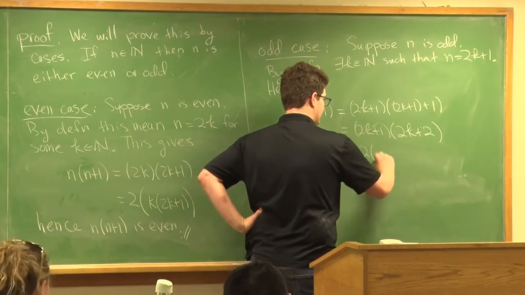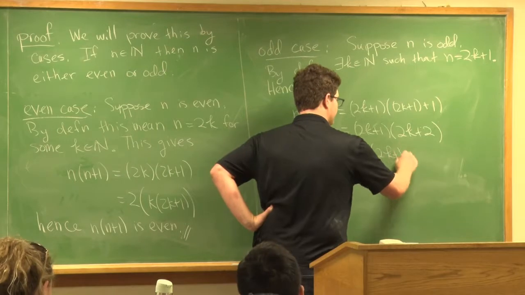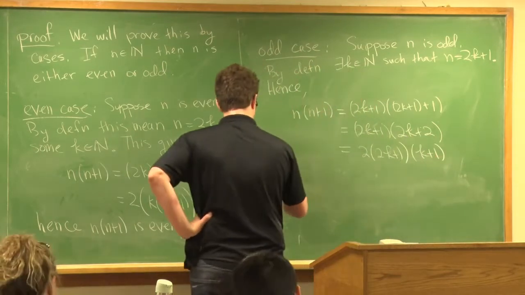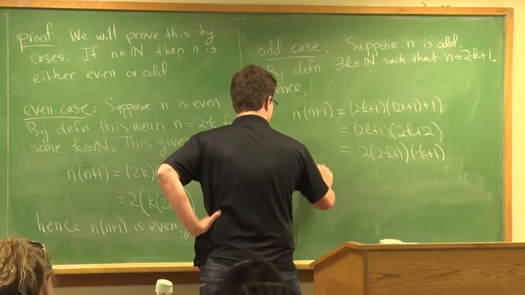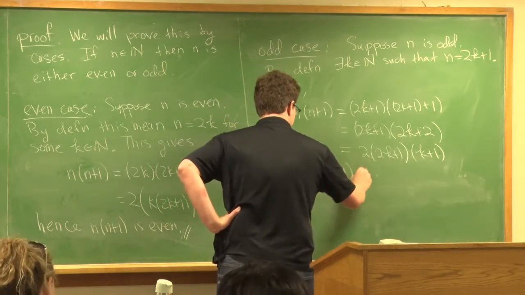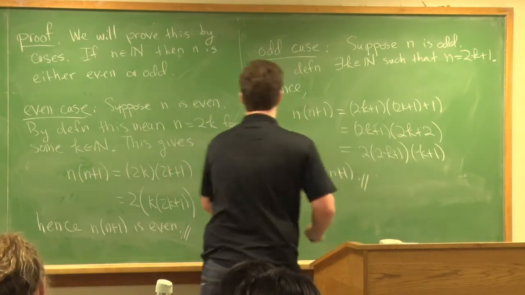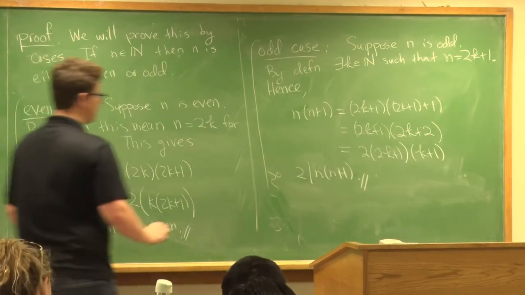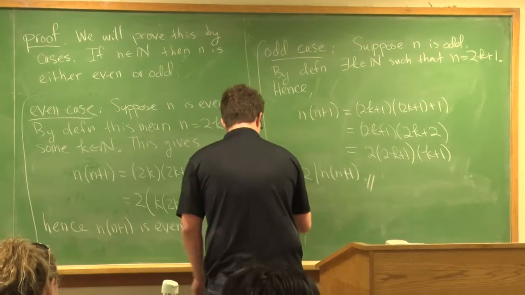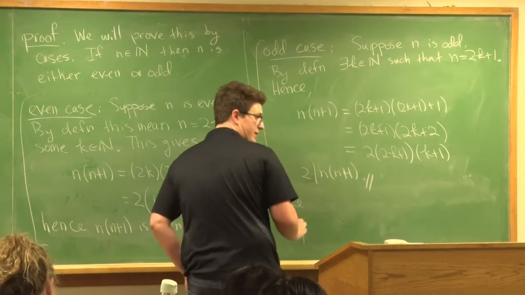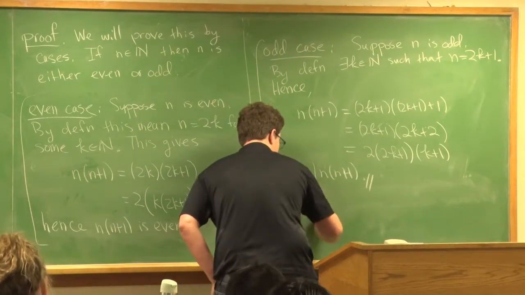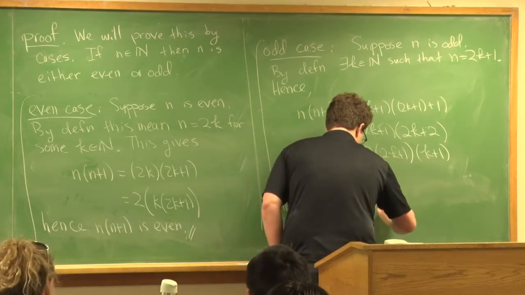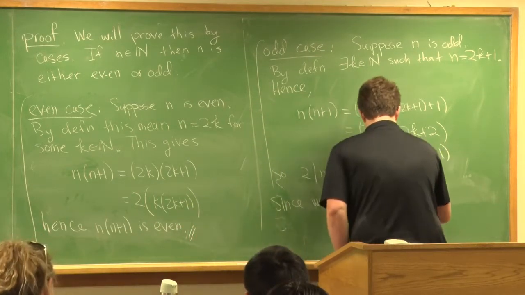So this is 2 times 2k plus 1 times k plus 1. So 2 divides n times n plus 1, and we're done. And so at the end we have this case and we have this case. Since we proved both cases, the result follows.